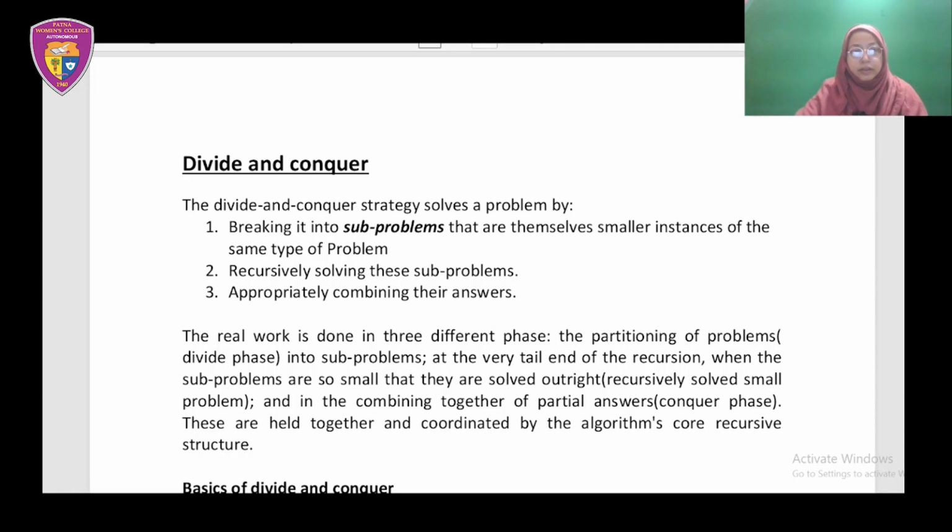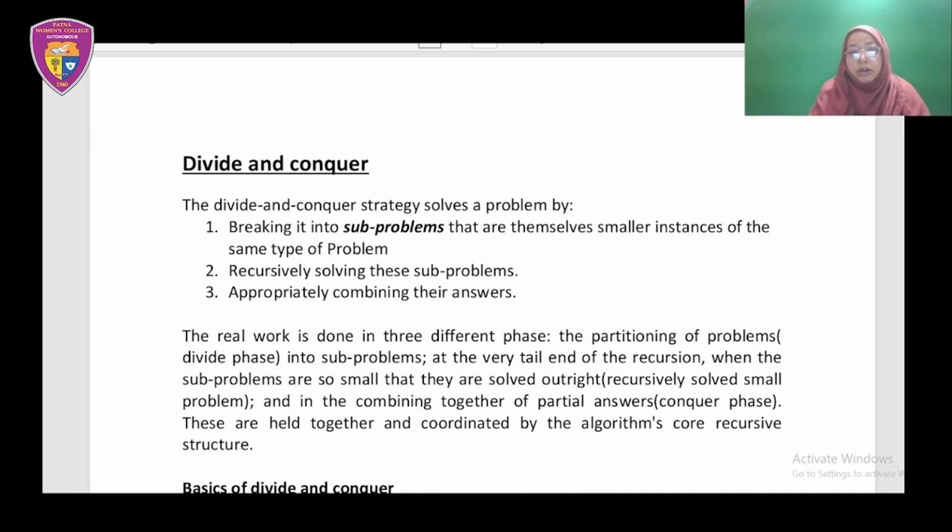So see here, divide and conquer strategy solves a problem by breaking it into sub-problems that are themselves smaller instances of the same type of problem. What does it mean? Bigger problems are divided into sub-problems in such a way that these smaller problems are similar to the main problem.